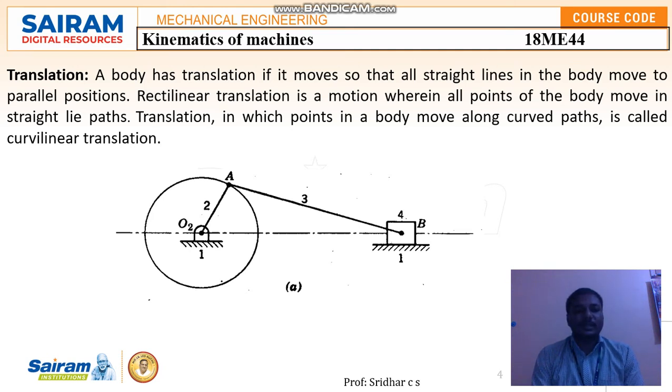Next, a translation in which the body moves along curved paths is what we call curvilinear translation. If the body moves in a curved path, we call it curvilinear translation.